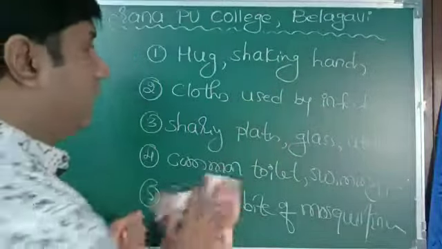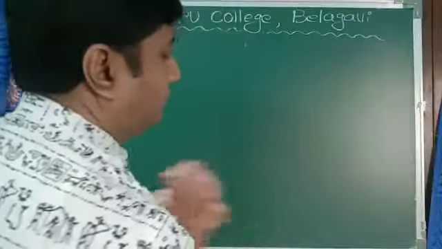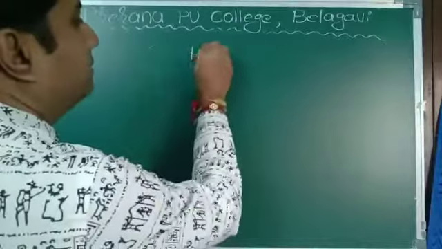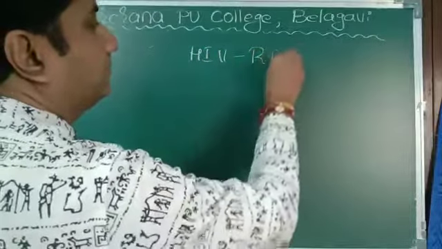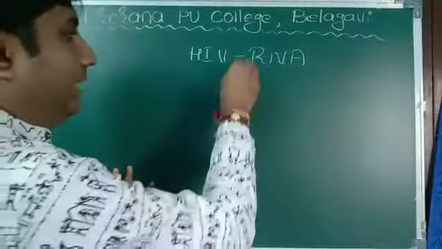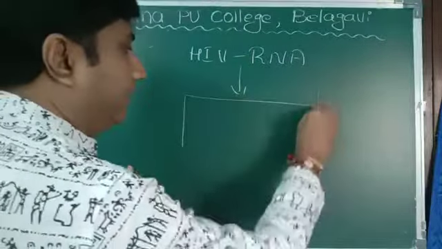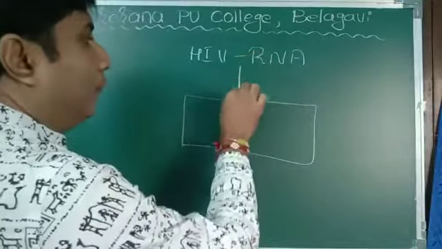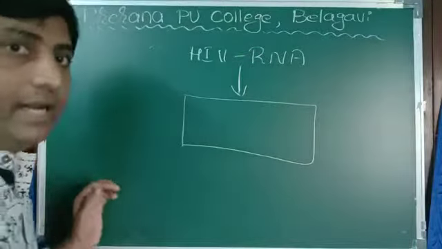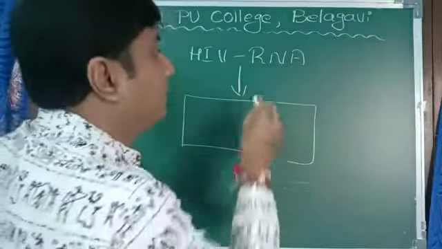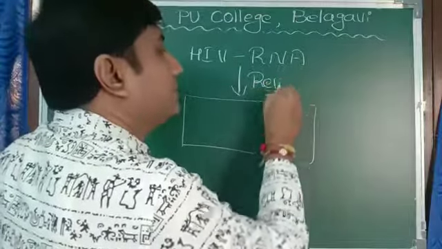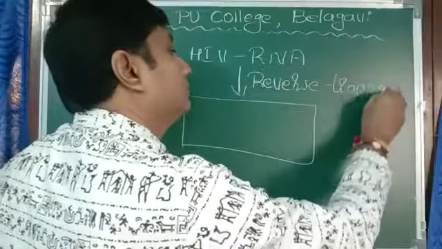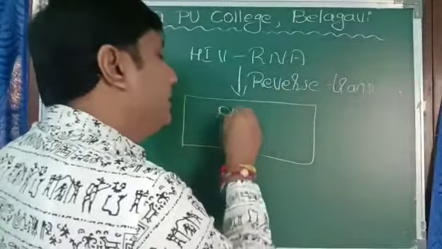Actually, HIV is an RNA virus. We should remember that. HIV contains RNA in it. When it enters into a human cell, with the help of its RNA and an enzyme, you should remember the name of that enzyme, reverse transcriptase, it produces its DNA.